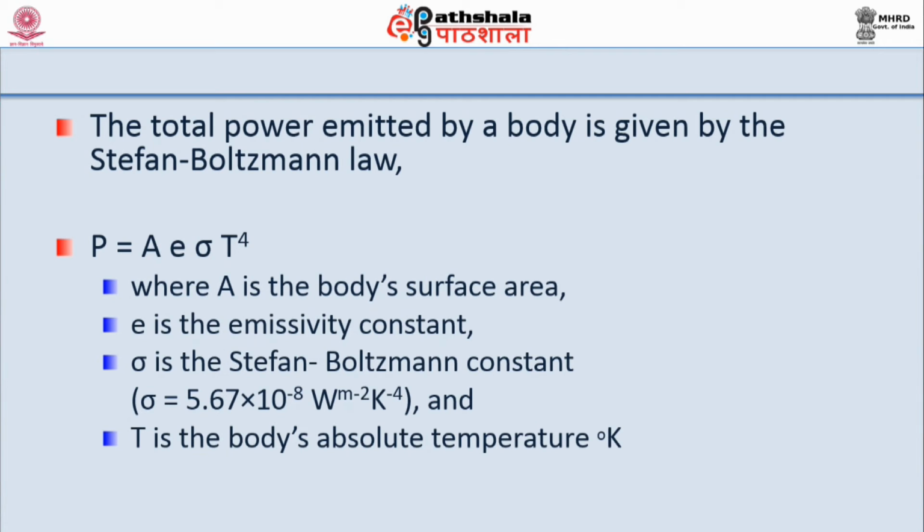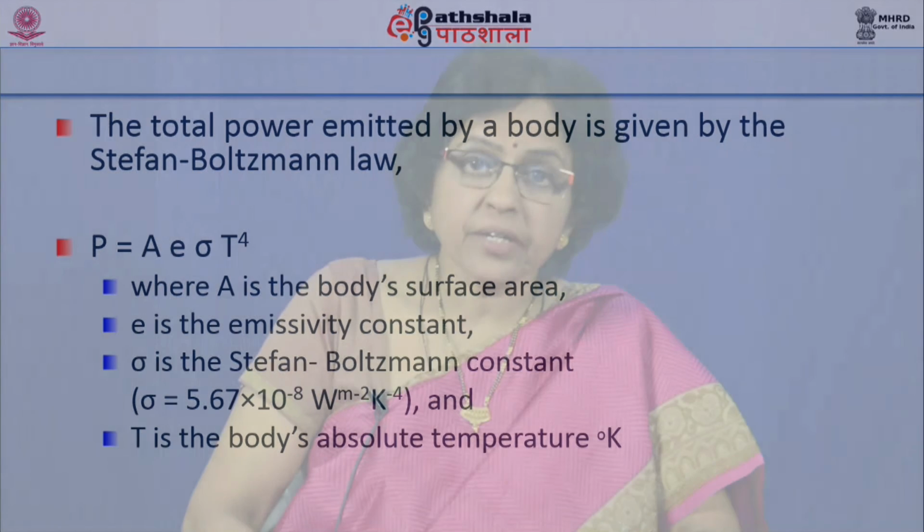Now, T is the temperature. The temperature is expressed in degrees Kelvin, that is absolute temperature. So, if the body temperature is 37, then it is 37 plus 273, that is a total of 310 degrees Kelvin. So, this is the equation where you can determine the energy or the power emitted by the human body.